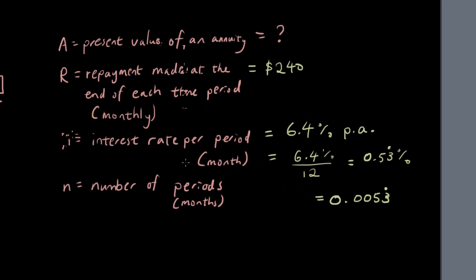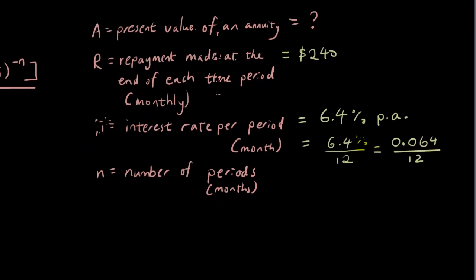So really, mathematically, the best way to write it is to keep it like this. Okay, so I've divided the top number by 100, which gives you 0.064, and then you divide it by 12. So I leave it as a fraction so I don't have to write all those threes on the end.